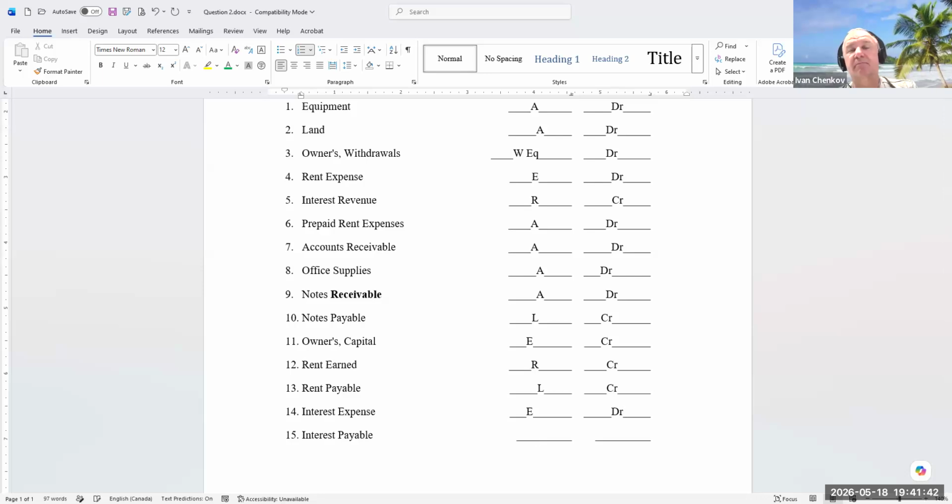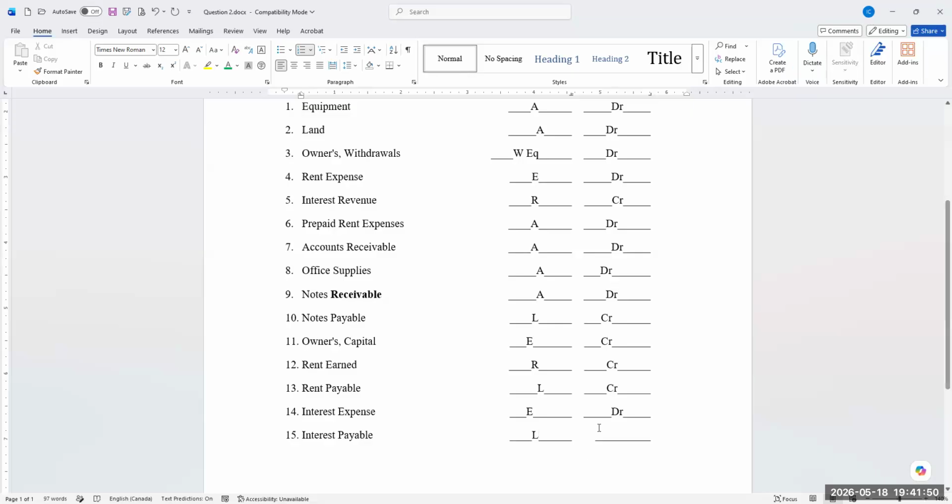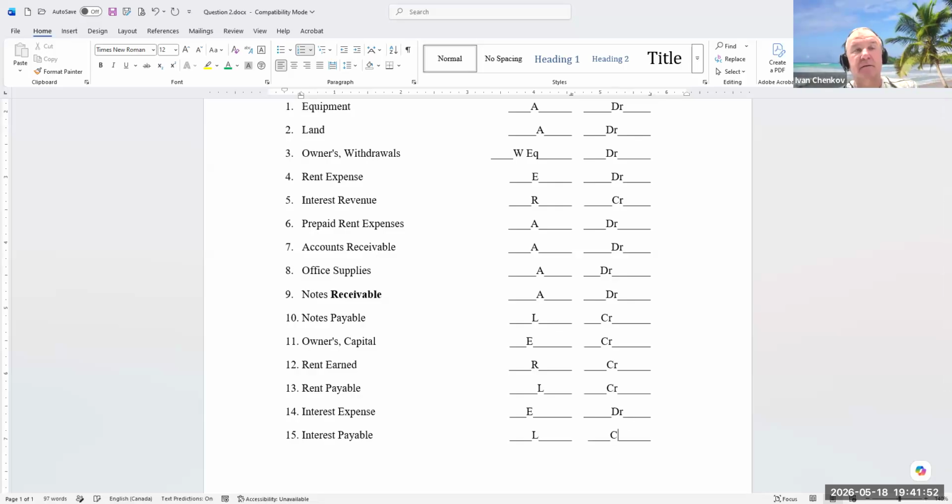And the last one, interest payable: liability and a credit. Excellent. Everybody comfortable with this? Okay, let's go with the next one.